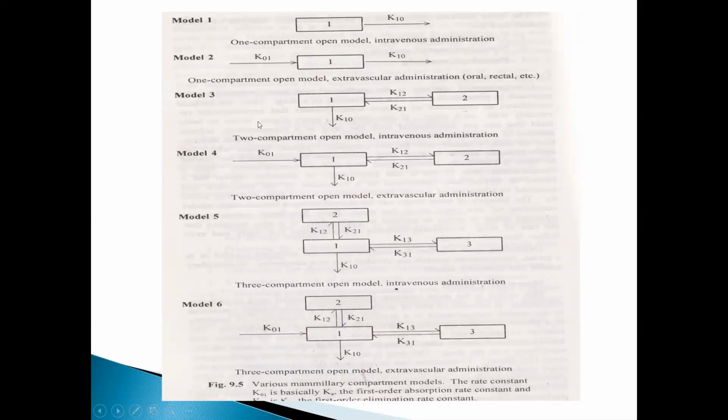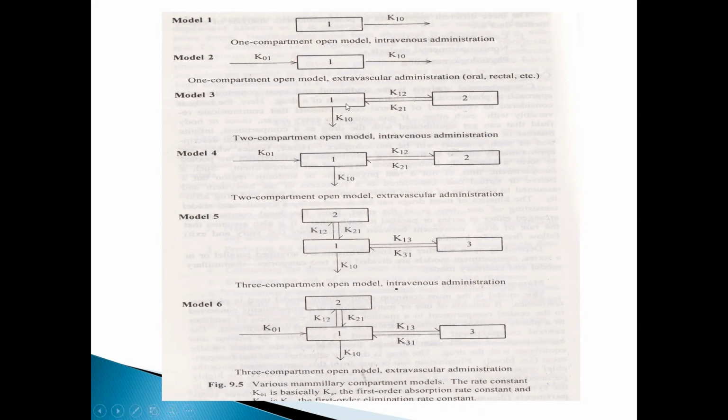You can see model 3, which is a 2-compartment open model for IV administration. Again, in intravenous administration, we know that there is no absorption phase. Here there is a distribution. You can see 2 compartments here: a central compartment as well as a peripheral compartment. The central compartment is denoted by 1 and the peripheral compartment by 2.